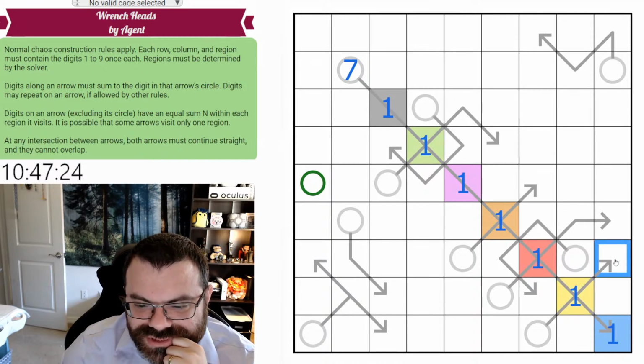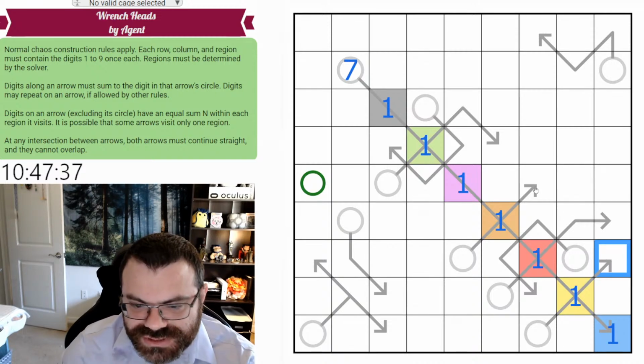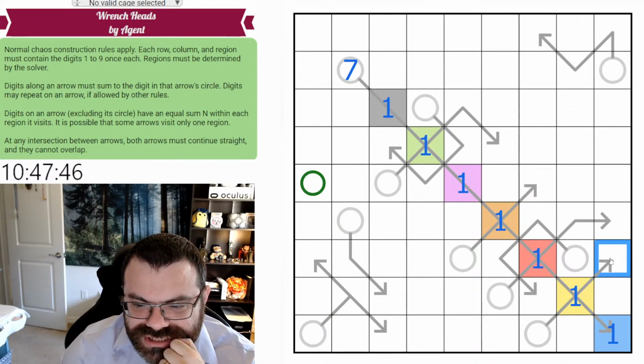If this was in a different region from yellow, it would have to be a 1. This would add to 2, and this 1 would not be able to be in any of these regions. It would start an 8th region. Same with this one. But it could just as easily be yellow. I'm not sure if I can prove this can't be an 8th region.